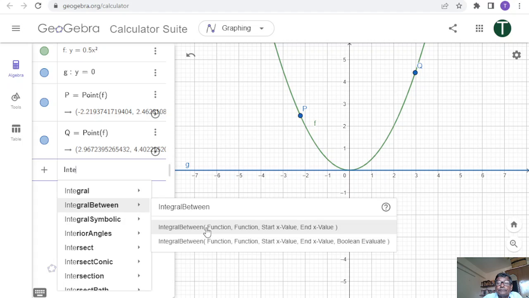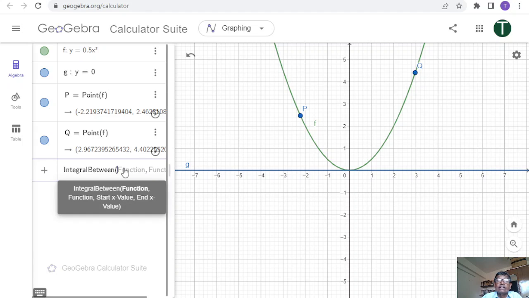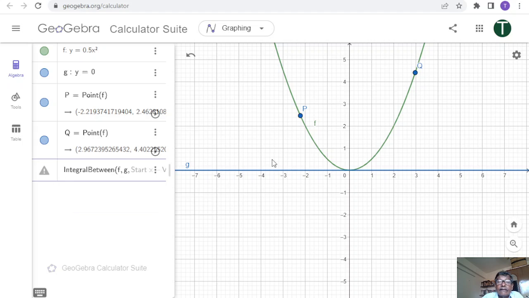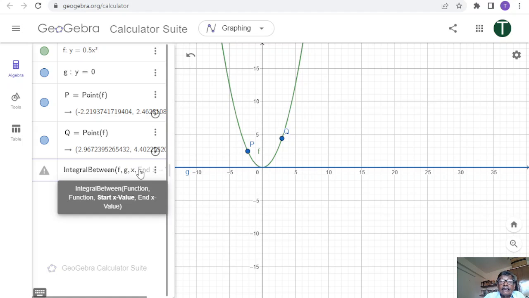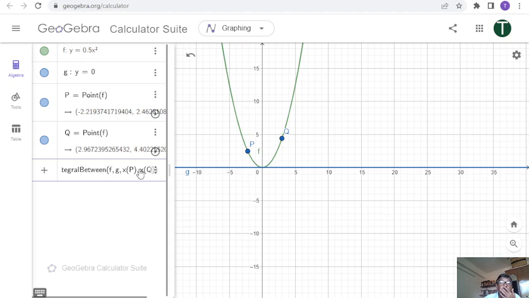So I choose this, and your first function is f, then your second function is g, that is y equal to 0, and the start x value is the x coordinate of point P, which we can simply write as x(P), and the finishing value is the x coordinate of point Q, and I hope you are done.